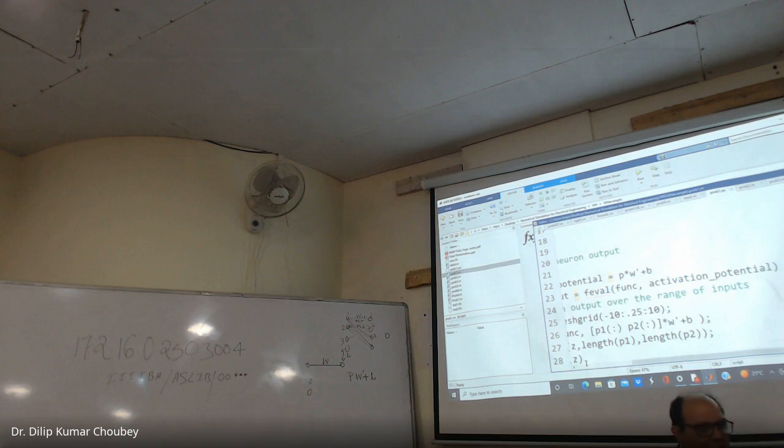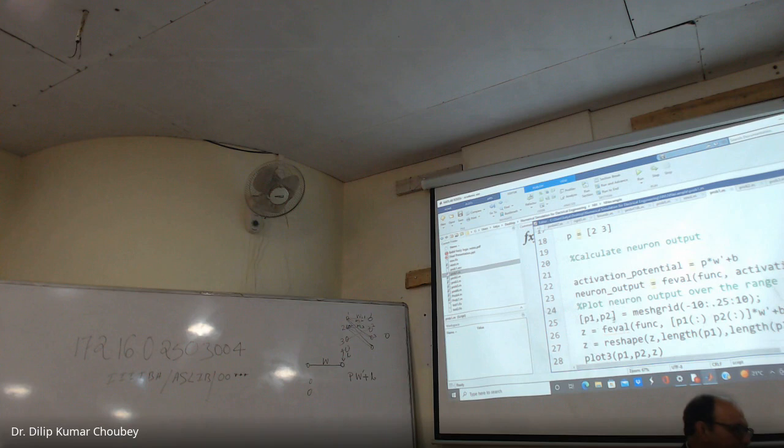Here I consider the default. Then P1, P2 means the range for the plot, so we consider minus 10 to 10 with a 0.25 interval. And then we consider the eval function again for P1, P2.